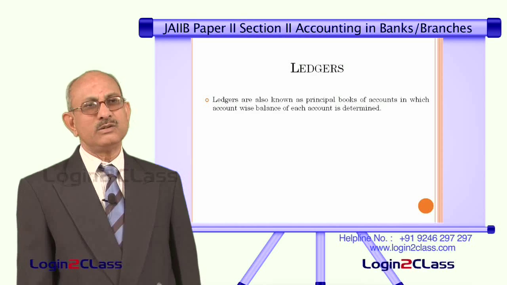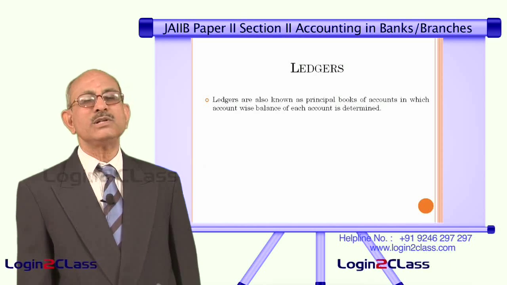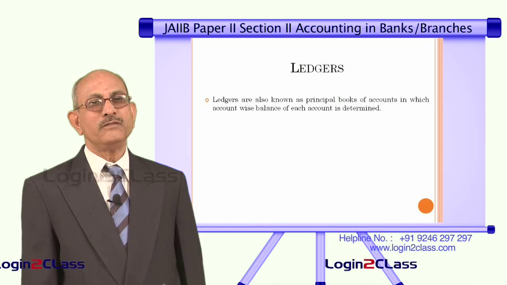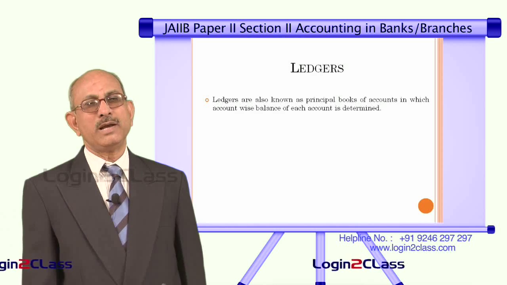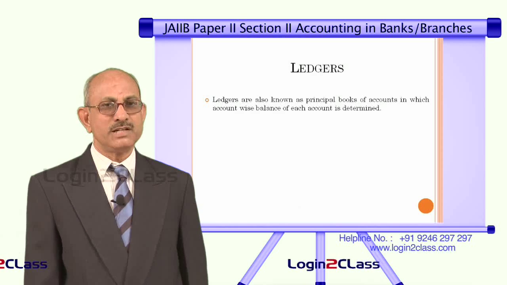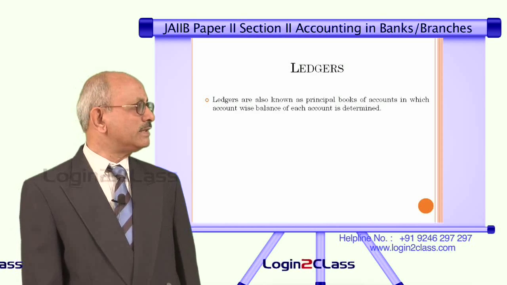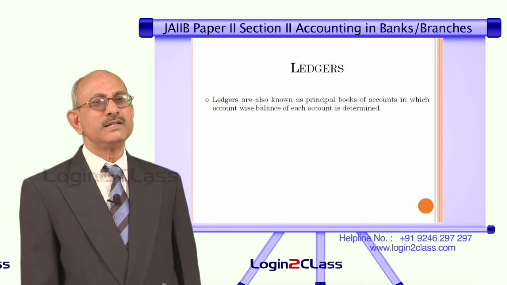And ledgers are known as the principal books of the accounts in which account wise balance of each account is determined. That means we can find out what is the balance in a particular account. For example, if you want to know what is the balance in furniture account or in cash account, all this can be ascertained in the ledgers.